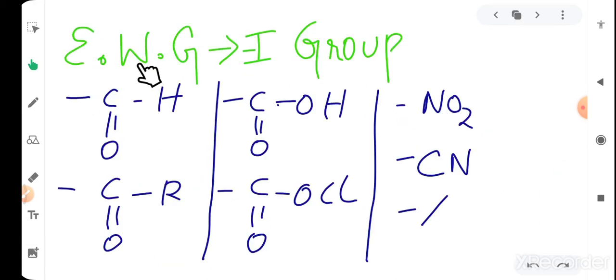Now, what are electron withdrawing groups? The minus I groups are electron withdrawing groups. Since it withdraws the electron, it has a negative character here. That's why it is denoted as minus I group. Generally, all the carbonyl compounds are electron withdrawing in nature. Why? Because oxygen is an electronegative atom. It attracts the shared pair of electrons towards itself.